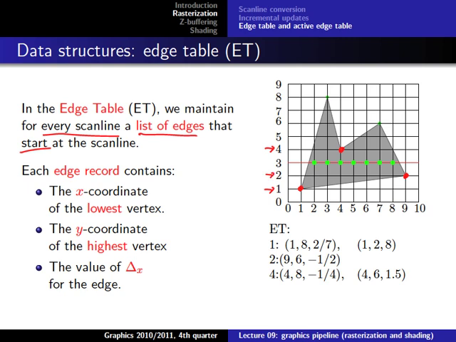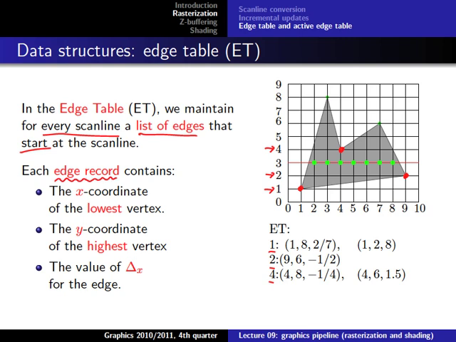So we have here an entry in the edge table for 1, 2, and 4, because these are the scan lines where an edge starts. In this case, actually, even 2 edges start, and also in this case here, which is why at 1 and 4 we have 2 edges stored. And here we store something that we call an edge record.